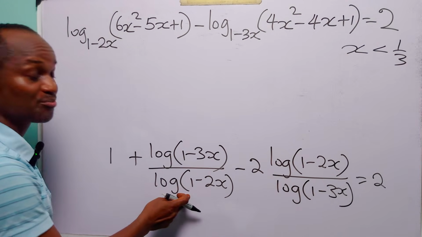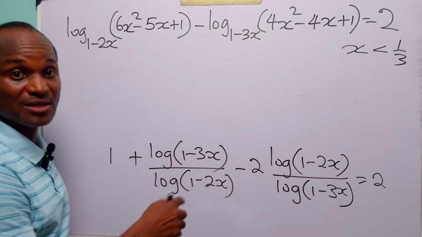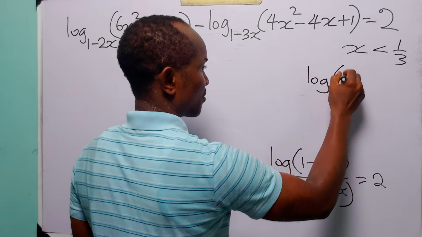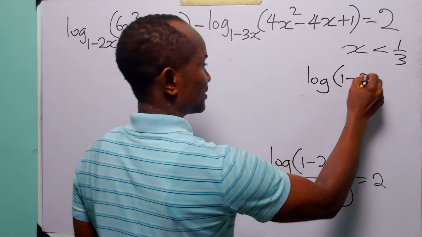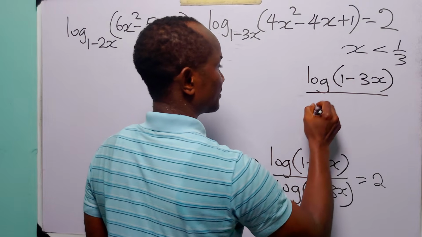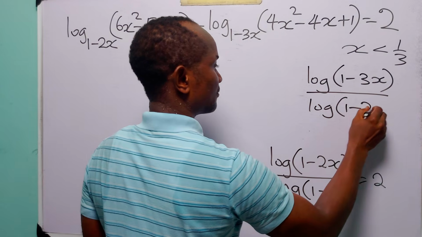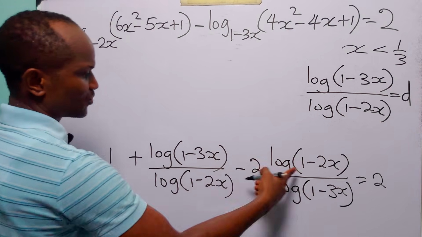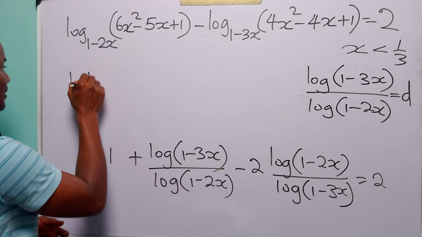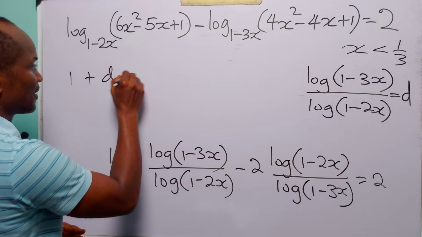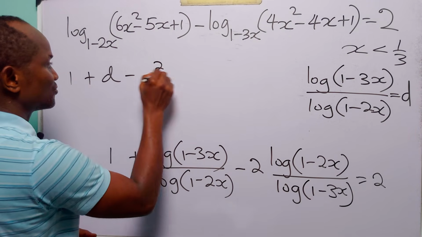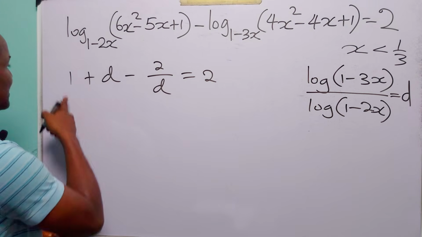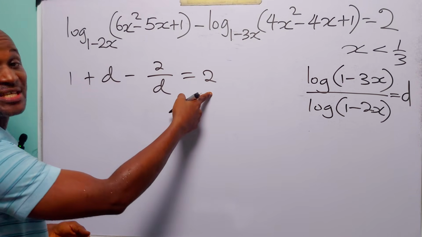So this is the reciprocal of this. So to simplify this equation, let us do a substitution. Let log of 1 minus 3x over log of 1 minus 2x be equal to the letter d. That means that we can now write this equation as 1 plus d minus 2 over d is equal to 2. Now let us subtract 1 from both sides of this equation.